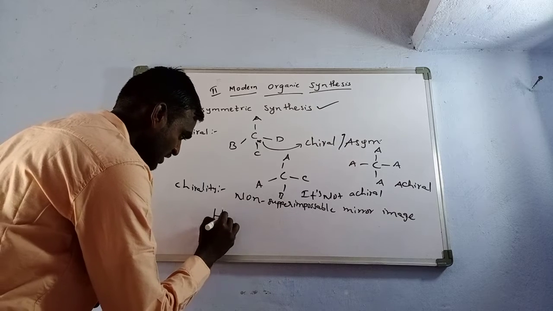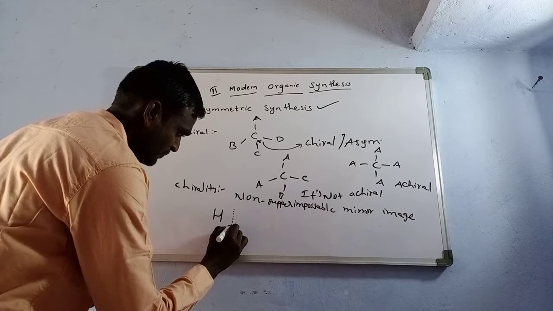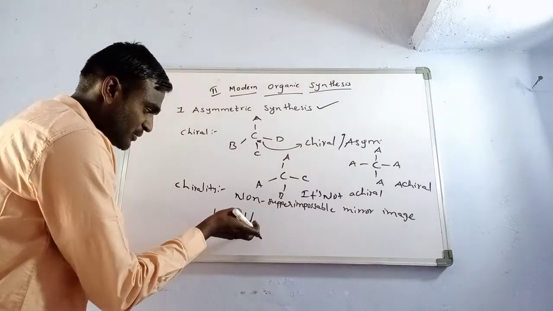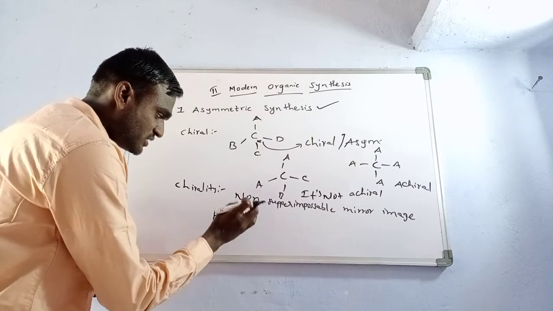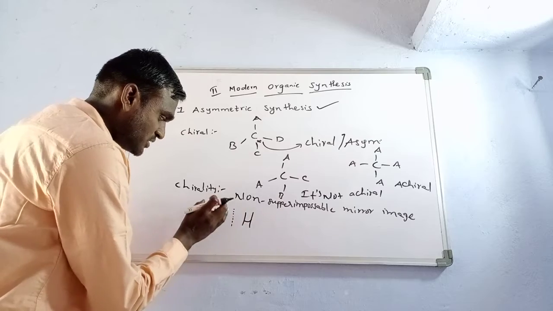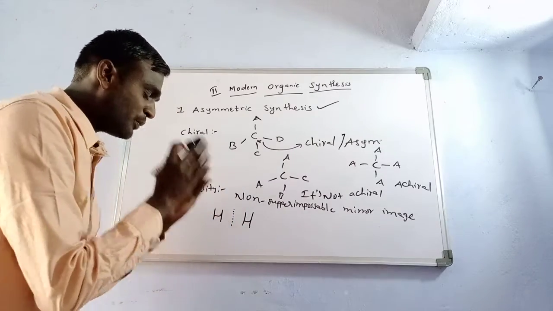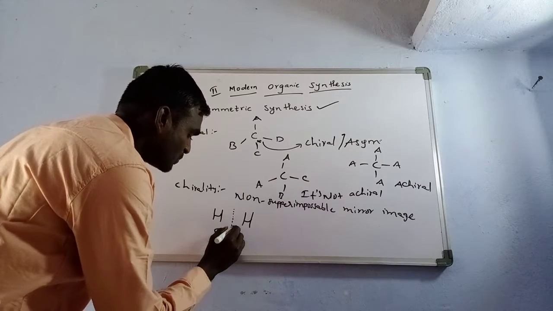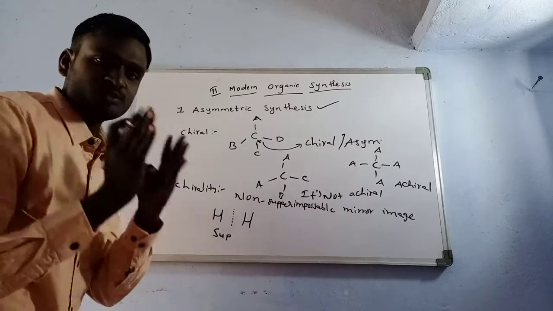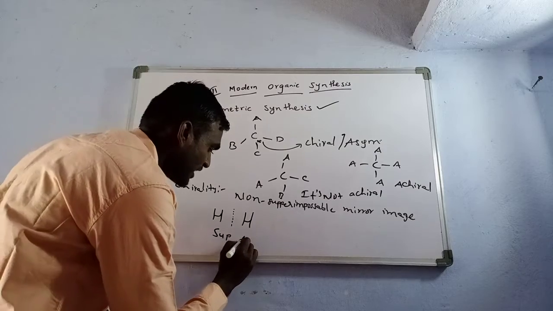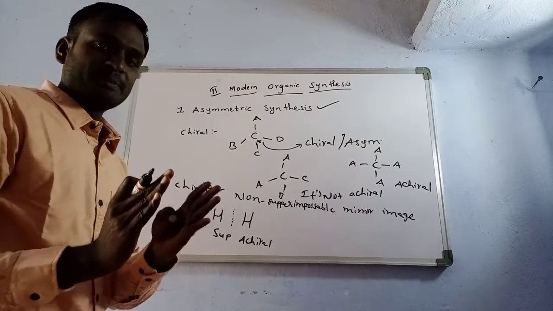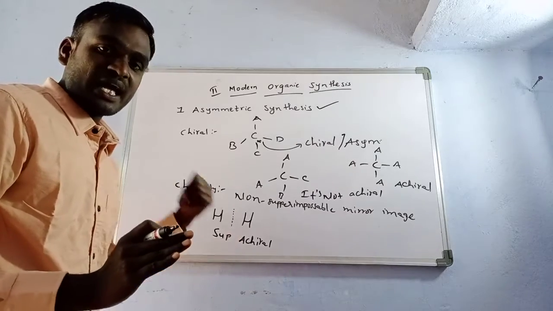Take the letter H. If the mirror image of this H letter is kept on this letter, the two are matching, so it is superimposable. If superimposability is present, it is achiral. Whenever superimposability is present, that molecule becomes achiral.